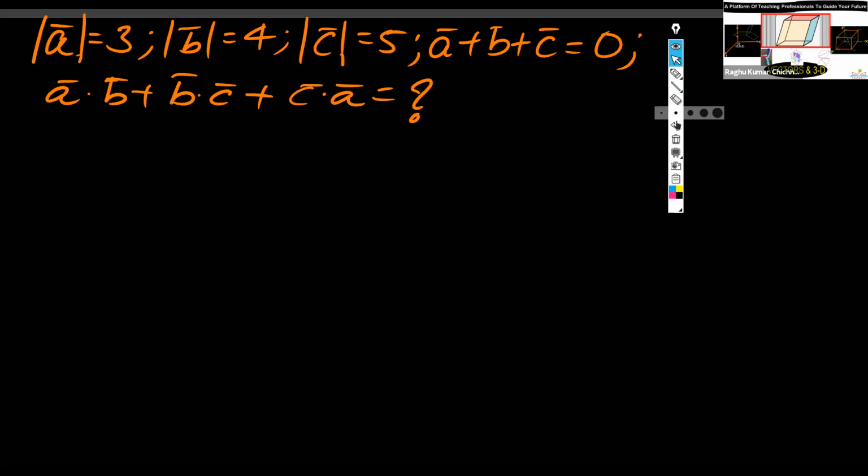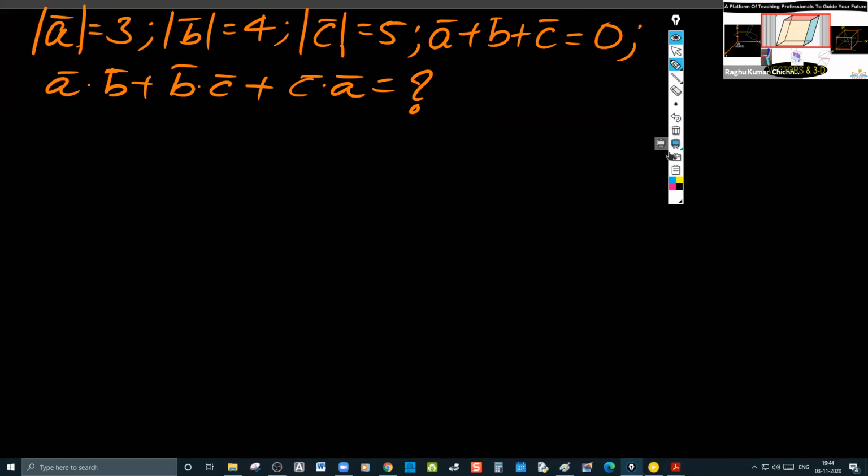I must write it as 0 bar, otherwise it becomes scalar 0, but it is not scalar 0, it is a vector 0. What is to be found out? A dot B plus B dot C plus C dot A using this data. This comes from the A plus B plus C whole square formula, so you have to square it.